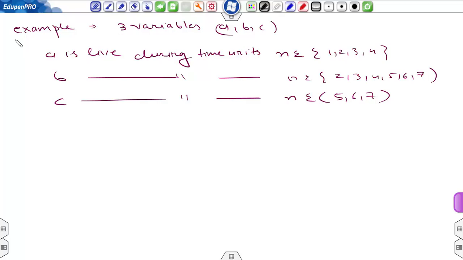So consider a DSP program that produces 3 variables, variables A, B and C, and let A be live during time units 1, 2, 3, 4. Okay, and B is live during time units 2, 3, 4, 5, 6, 7, and C is live during time units 5, 6, 7.